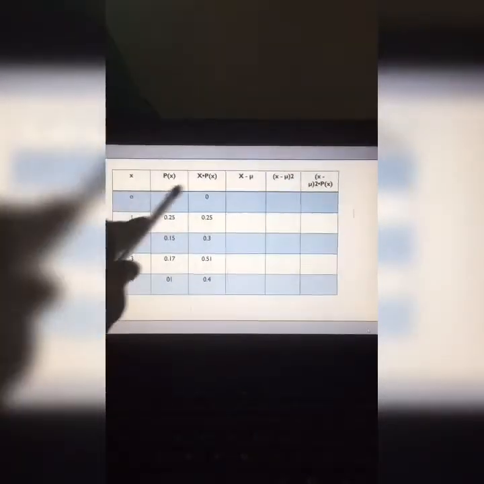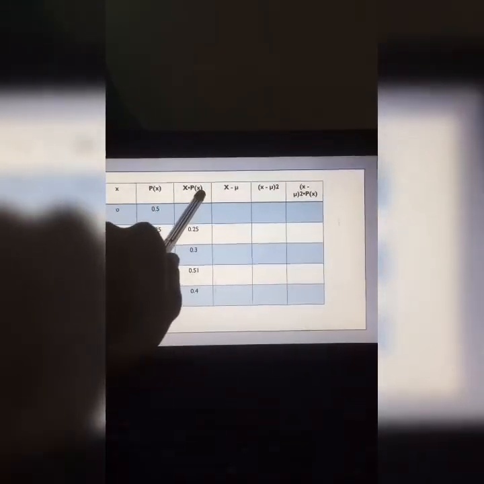But first, the column we are going to answer is x times p of x. How are we going to get the answers in this column? This is easy guys. We just have to multiply x and p of x. That's why it's x times p of x.